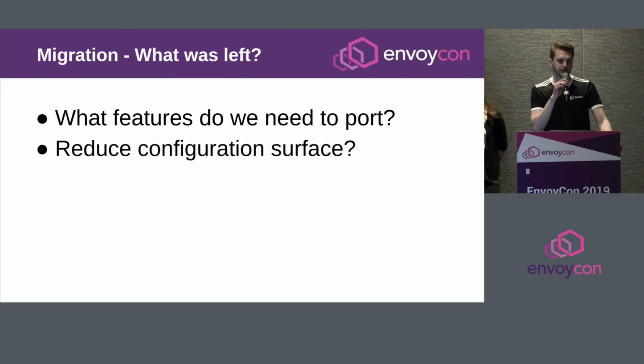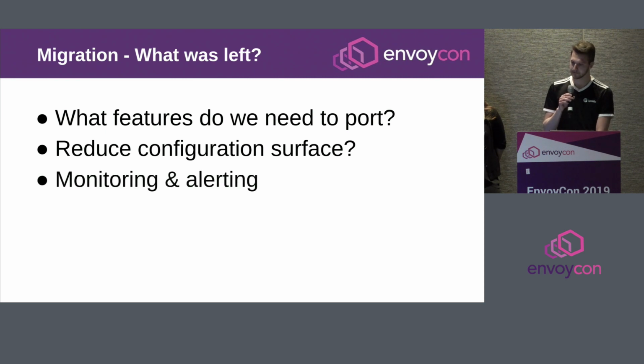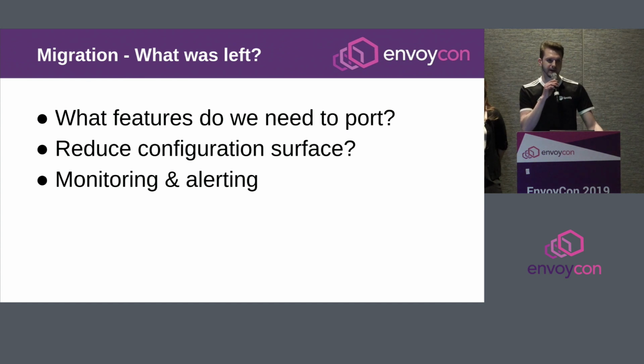While doing this inventory, we were also very conscious about whether we could get rid of some of these features. Do we really need all of them? Can we do them in a simpler way? So we made a lot of effort into reducing the configuration surface. And we also finalized the monitoring and alerting so that we had more confidence that we would catch errors early and in an automatic way when we moved the rest of the traffic.